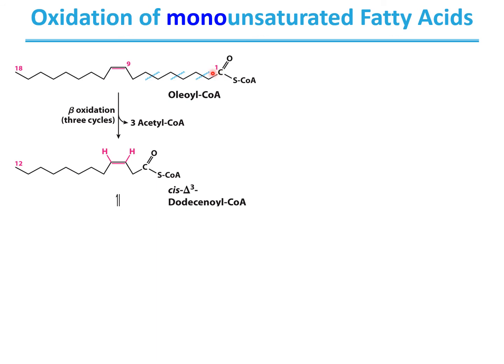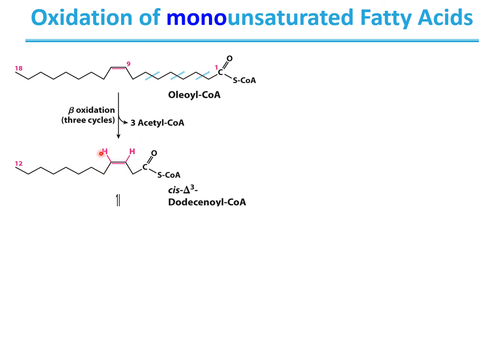The first steps are the same, i.e. the release of 3 acetyl-CoA following the 4 steps that we've looked into earlier. But this stops here due to the encounter of this double bond.